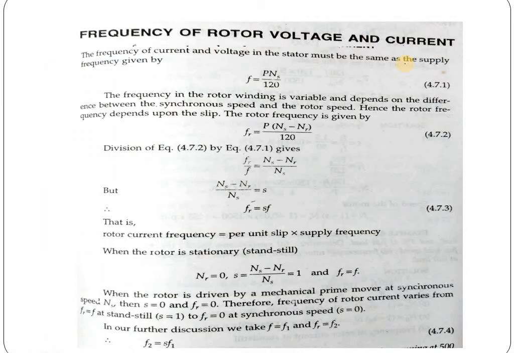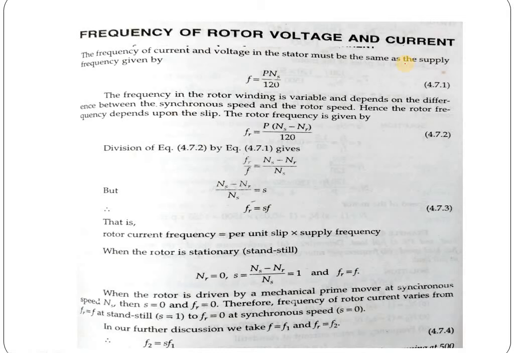Now let us take the relationship between frequency of rotor voltage and current. The frequency of current and voltage in the stator must be the same as the supply frequency, given by f equals P Ns by 120. The frequency in the rotor winding is variable and depends on the difference between the synchronous speed and the rotor speed.